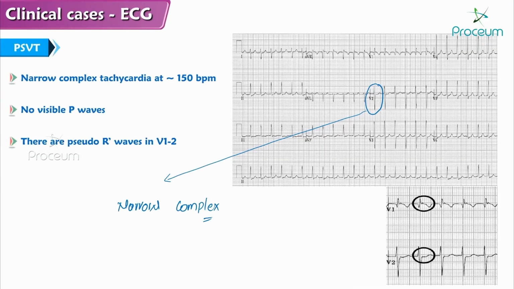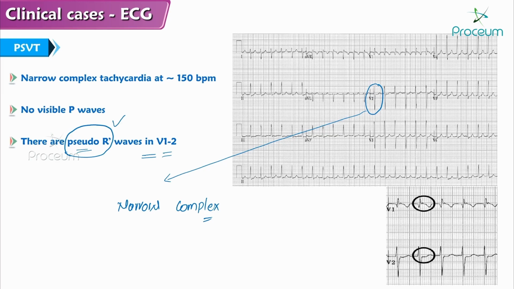And that particular wave is called the pseudo R wave. The P wave which is appearing after the QRS complex is called the pseudo R wave in V1 as well as V2. So this is how the ECG of paroxysmal supraventricular tachycardia will appear.